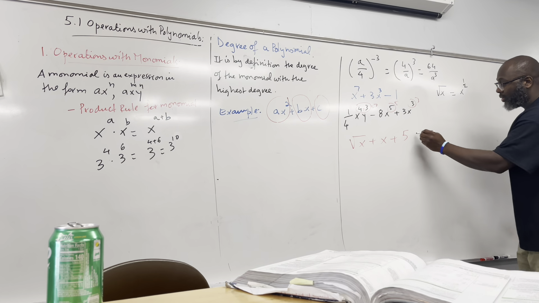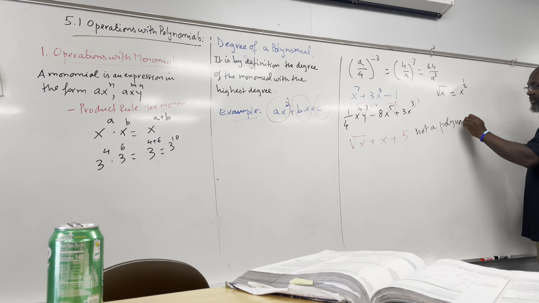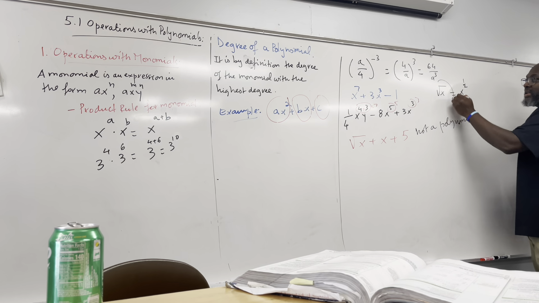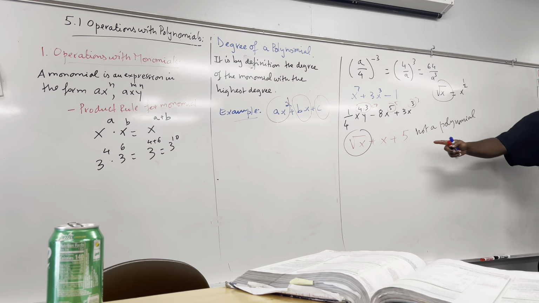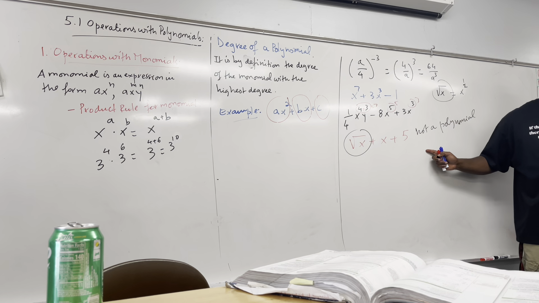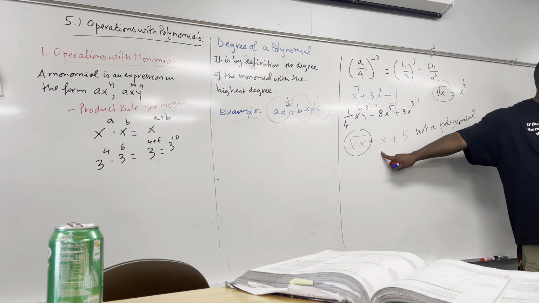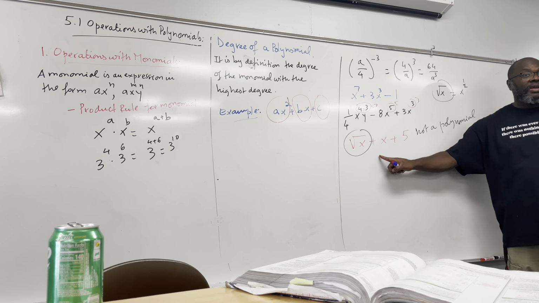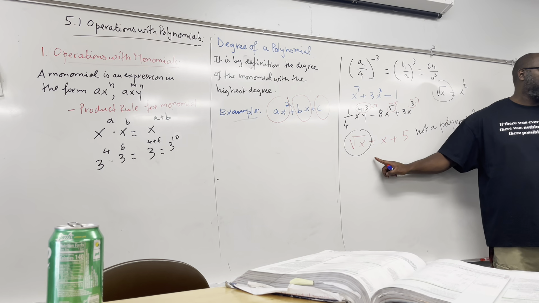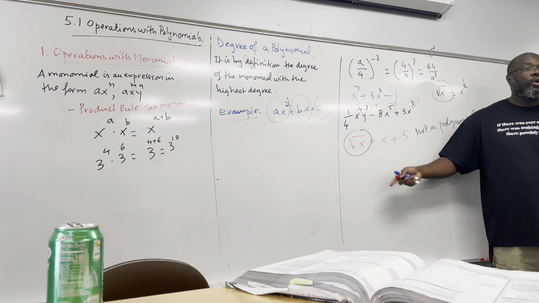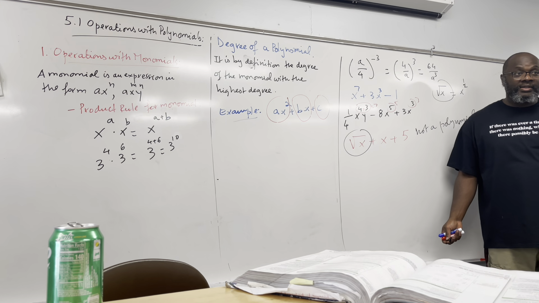Anytime you see a square root involved in the term, in the expression, it disqualifies it as a polynomial. So this is not a polynomial. Does that make sense? Because there's a radical here, this expression is not a polynomial. We don't need to find the degree. There's no such thing. Does that make sense?